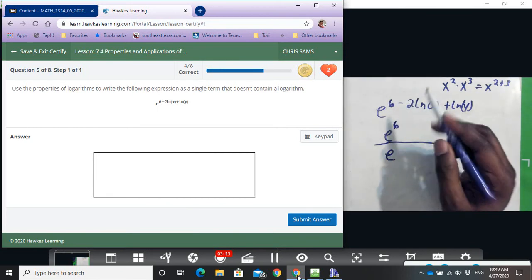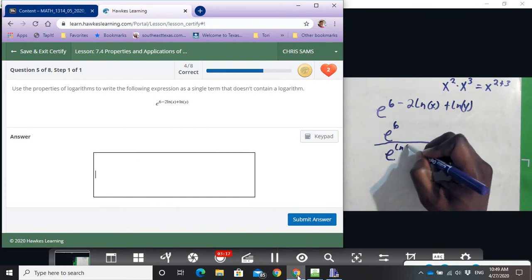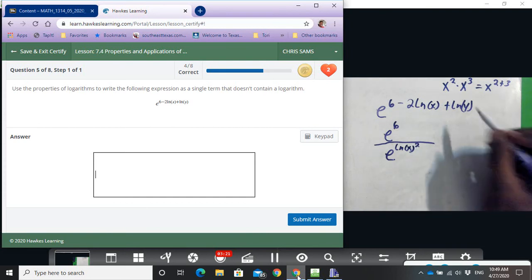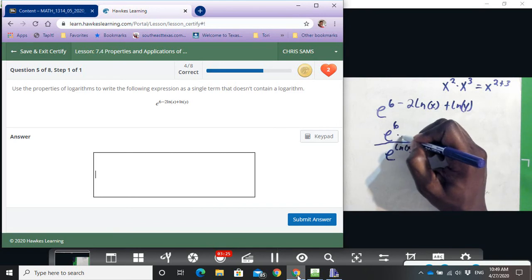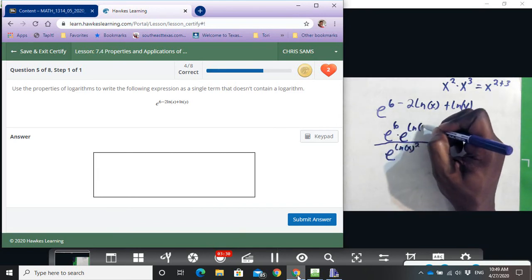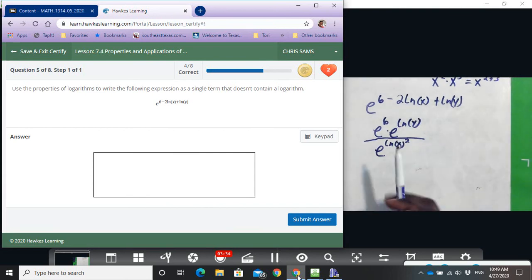So it's going to be e to the ln x squared, and then plus this ln of y. It's going to be times e to the ln of y. So this is using property of exponents to rewrite this expression.